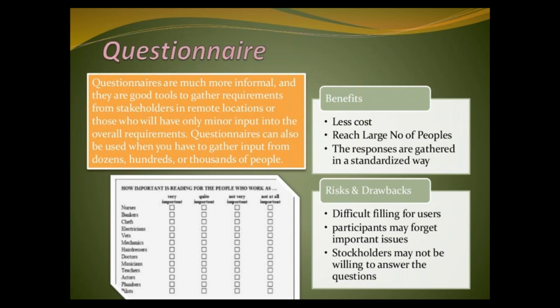Which brand do you prefer? Which brand of cheese or butter do you buy? How many times do you buy vegetables or fruits within a month, within a week? How often do you shop? How far is your residence from the mall? So there can be different types of questions.